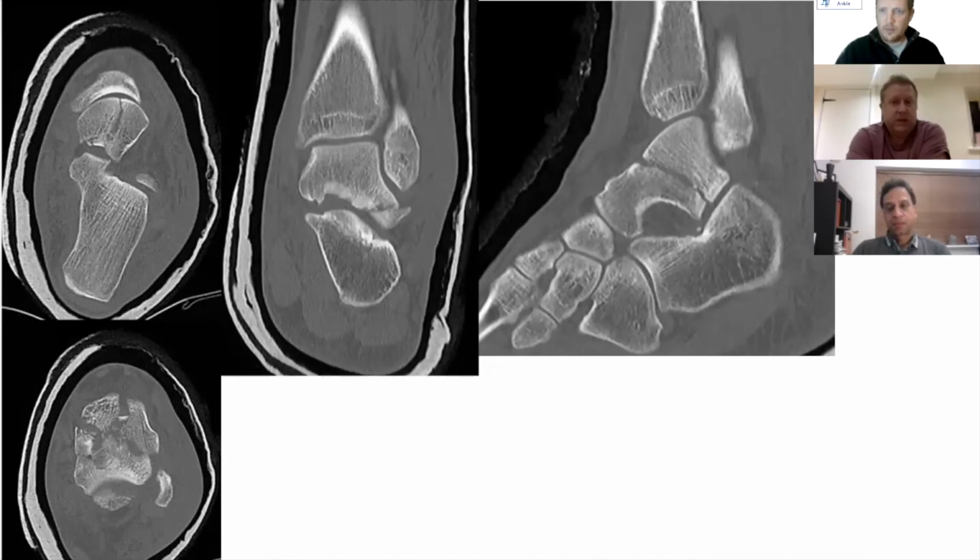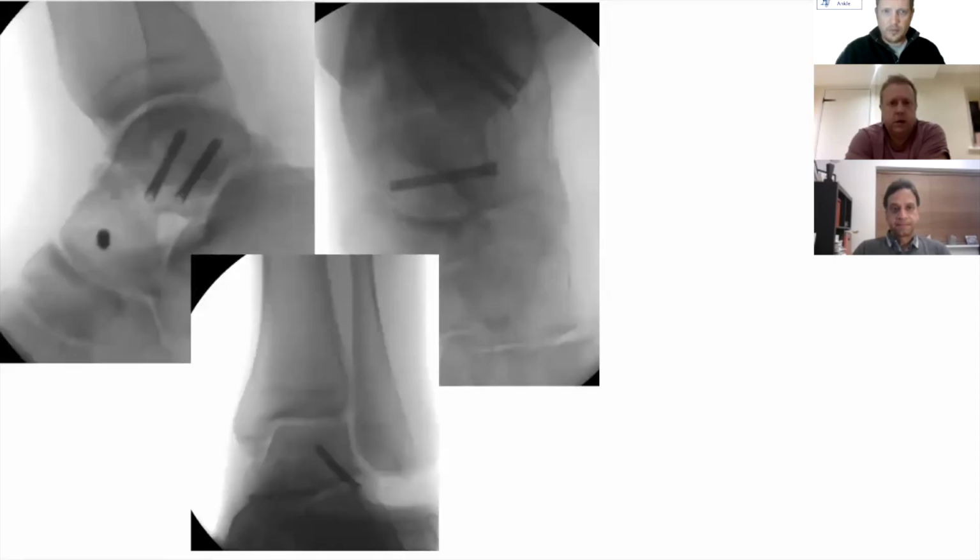I thought, when I look at it overall, what am I going to be able to do? Well, I think I can address the lateral side better. There's a bit of medial comminution. I think I can make the reduction better laterally. So that's when I did the transligamentous approach.